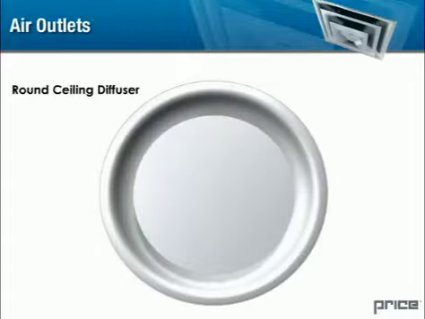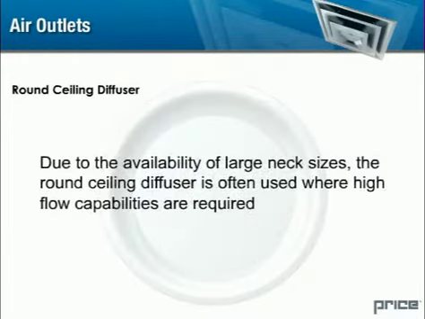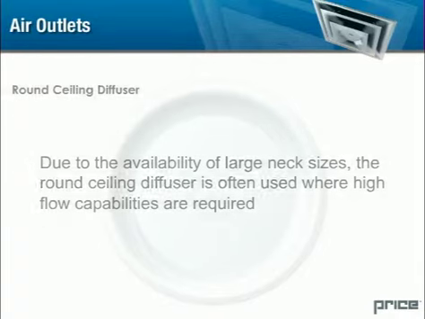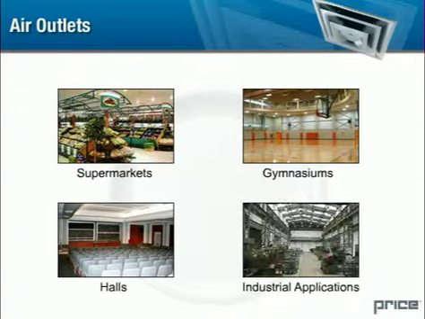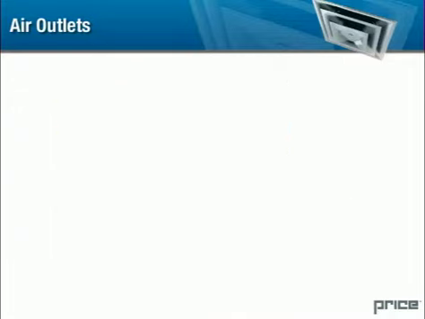The round diffuser's excellent horizontal pattern makes it ideal for variable air volume applications or for exposed duct applications. Due to the availability of large neck sizes, the round ceiling diffuser is often used where high flow capabilities are required. Examples of such places are supermarkets, gymnasiums, halls, and industrial applications.